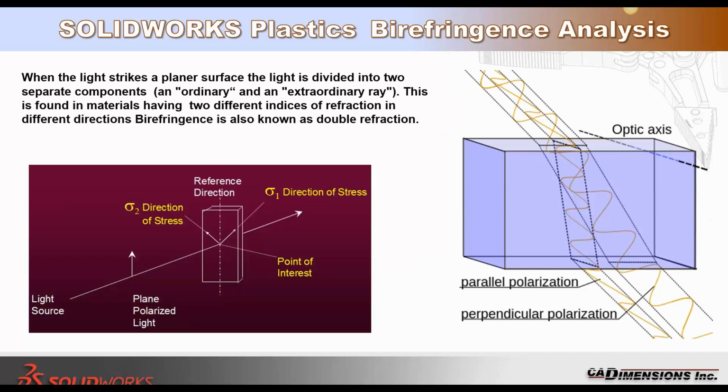So just a little bit more information on birefringence. The direction of stress. When the light strikes a planar surface, it creates two components, an ordinary and extraordinary ray. Material having two different indices of refraction in different directions. So birefringence is also known as double refraction in the industry.